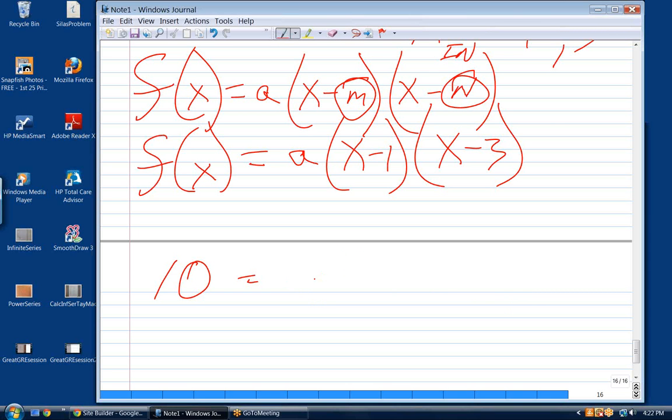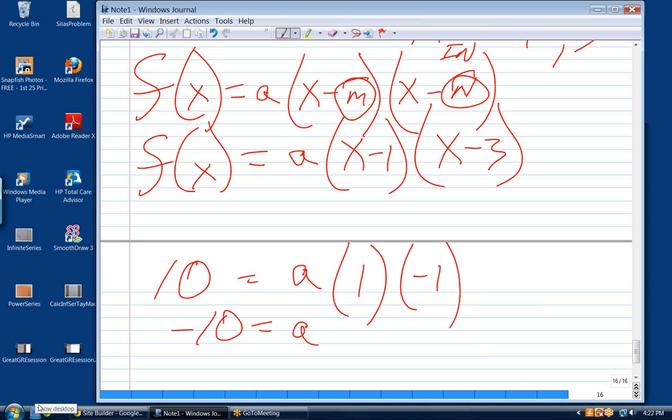So I get 10 equals a times, plugging in 2 for x, 1 times minus 1, so a equals minus 10. So now my function is minus, no, hold on, that a is not minus 10.